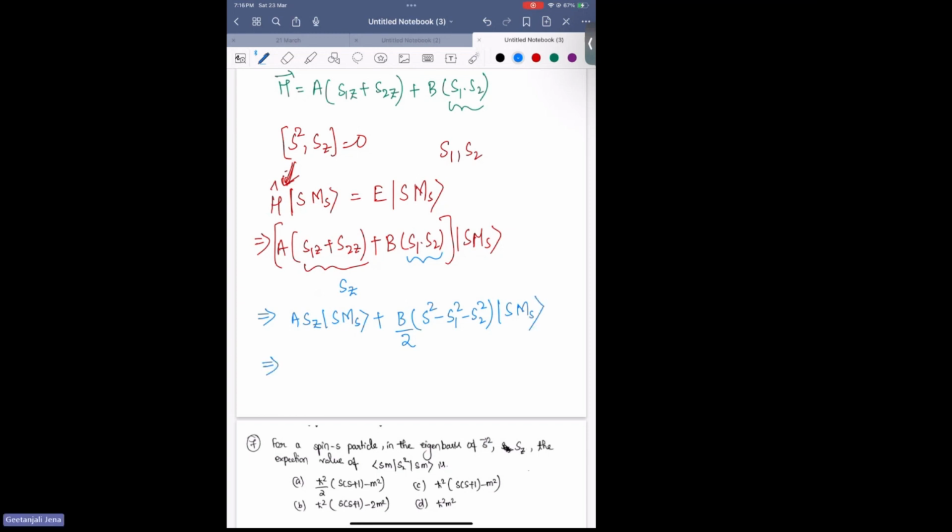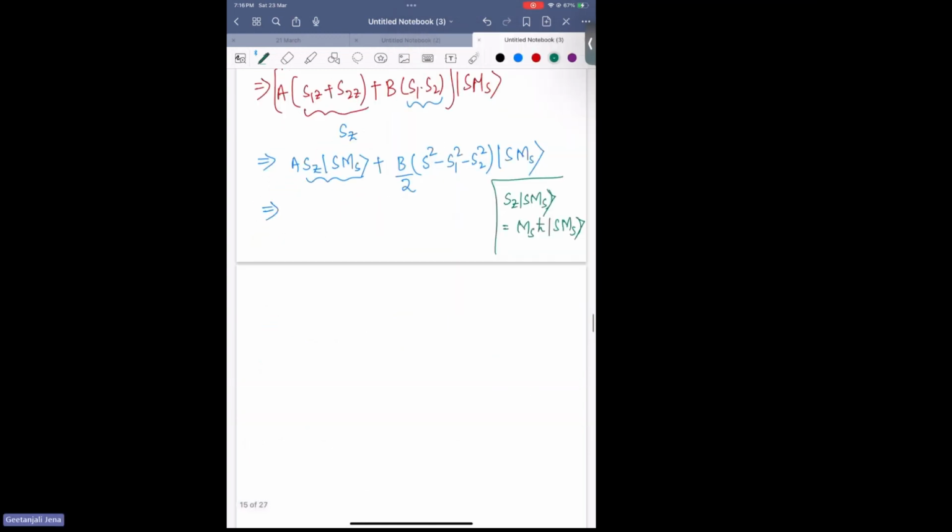Now you just have to put in the eigenvalues. Sz, when it acts on |S, MS>, will give MS h-cut |S, MS>, because MS h-cut is the eigenvalue corresponding to Sz.